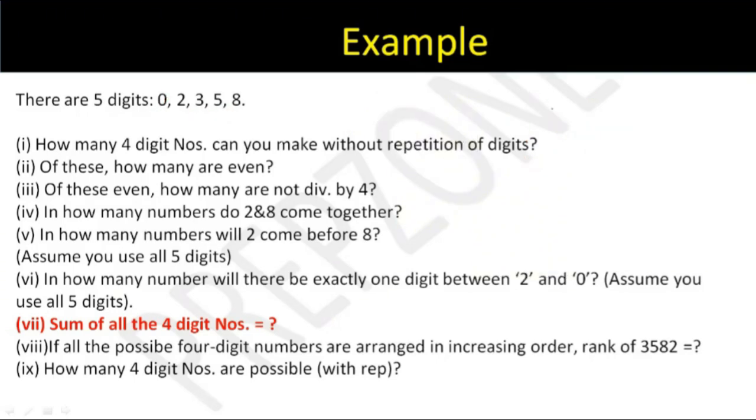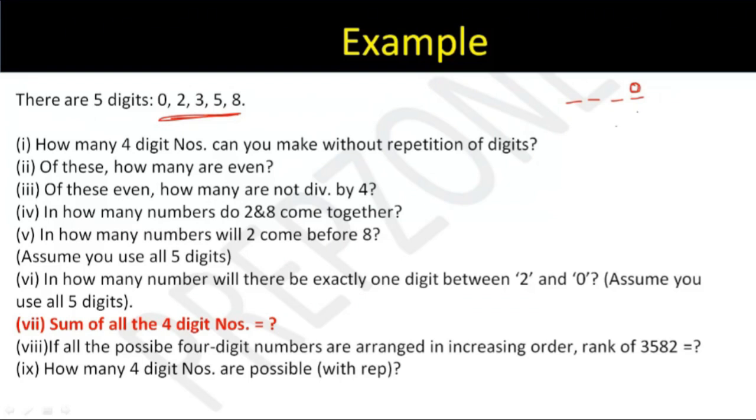You have to form a 4-digit number, right? And repetitions are not allowed. So in that case, out of these 5 digits, in what percentage of numbers would it be even? For any number to be even, what should be the unit digit? If the unit digit is even, then the number is even.